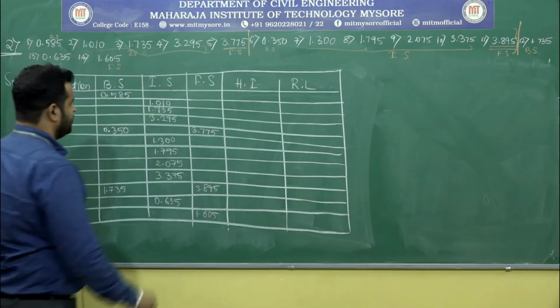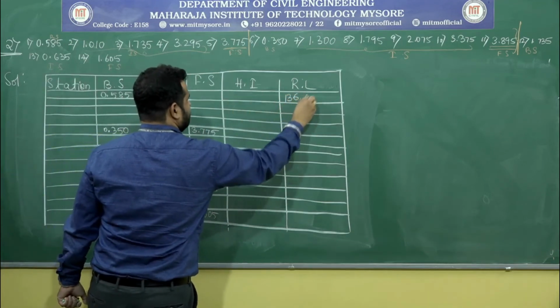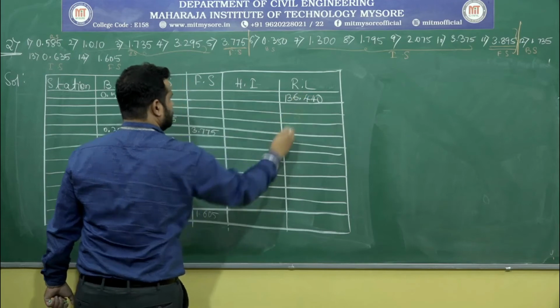Okay, and RL of first point is given as 136.440 meters.